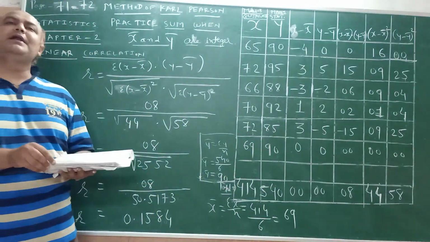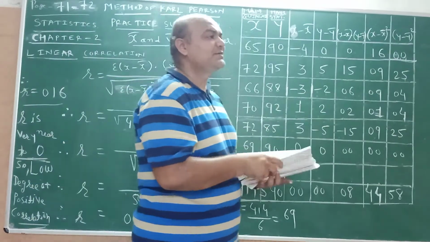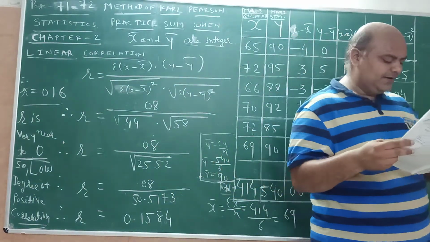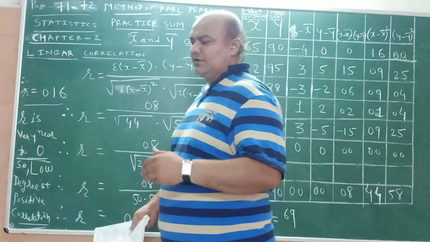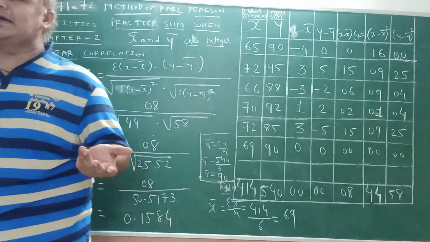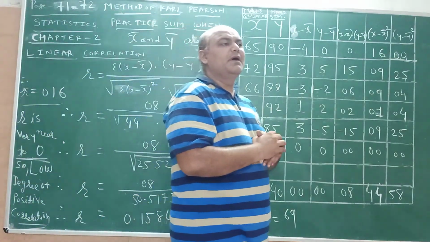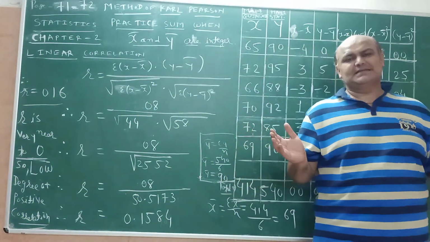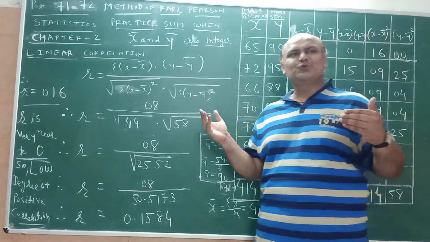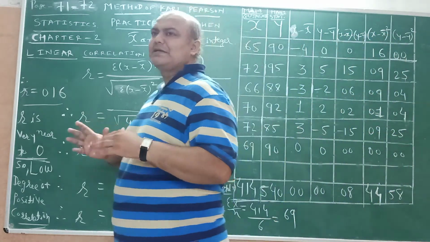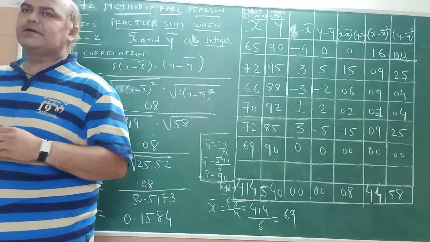Low degree of correlation means, for its practical implication, the marks of students, like marks of Gujarati and marks of statistics, are in the same direction, but it is a very low comparison of these two subjects' marks. That is the practical implication of it.